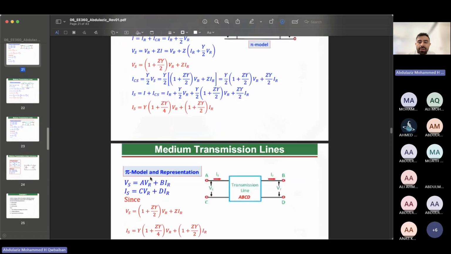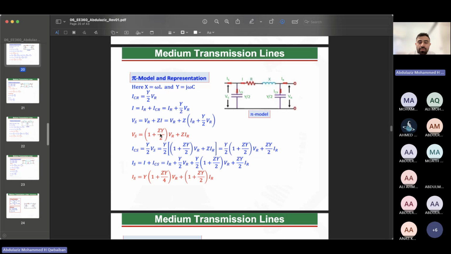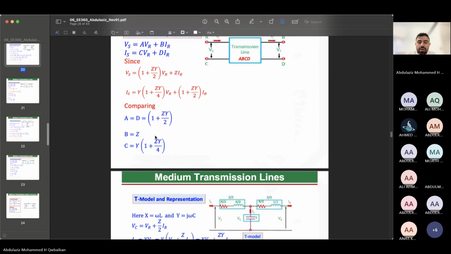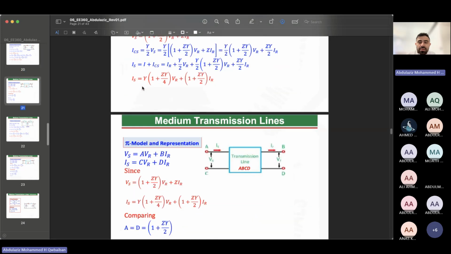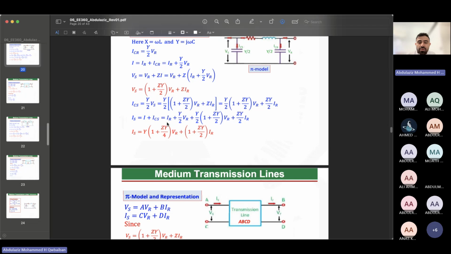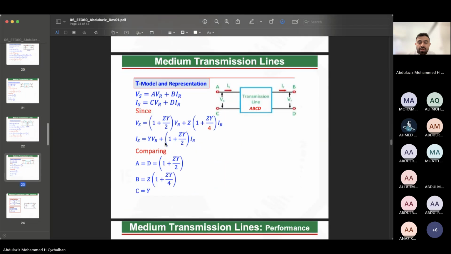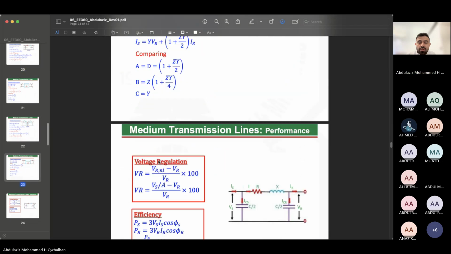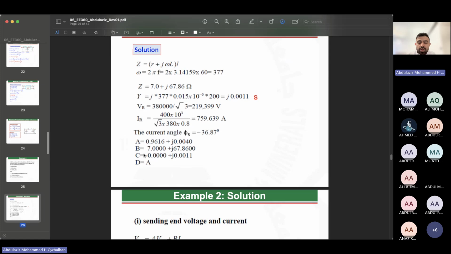Go to the pi model. A is 1 plus ZY over 2, while C is Y times 1 plus ZY over 4. And here you should get them. You have to get them correctly. I forgot my calculator, but you have to do it yourself, okay?